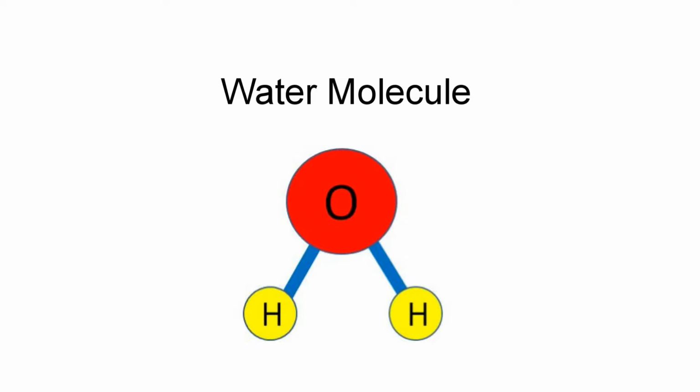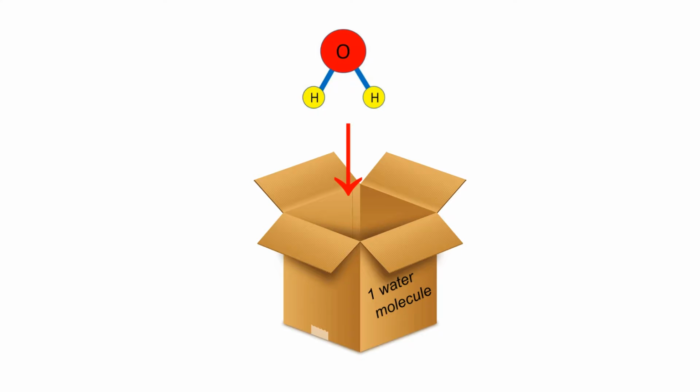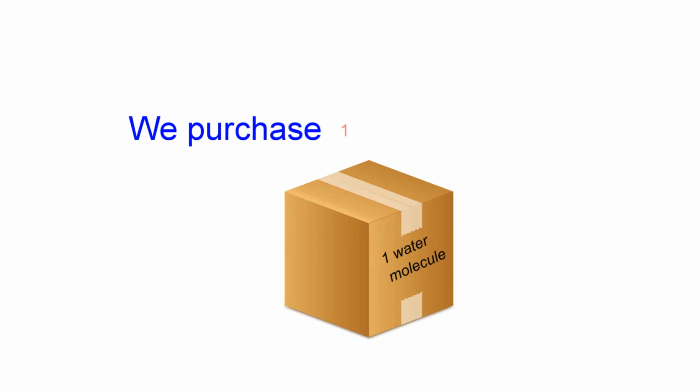So we need to think of this molecule as a building block or unit of water that always has the same number and type of atoms. In order to keep this clear in our minds, we are going to put the water molecule into an imaginary box. And let's say that we buy 1 mole of these boxes, each box containing 1 water molecule.